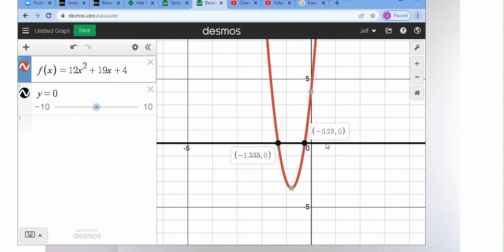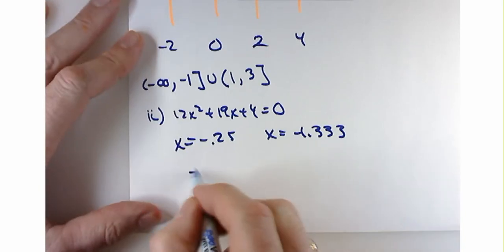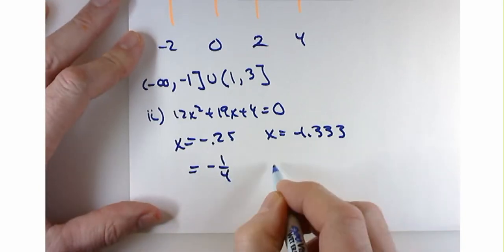I get two solutions, one at x equals -0.25, and x equals -1.333. So I kind of have to guess a little bit at what these values are. But the first one should be pretty clear. That's -1/4.